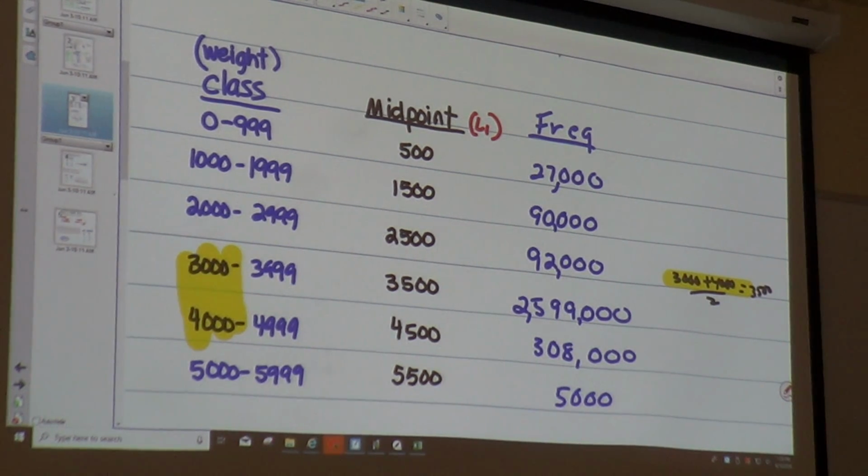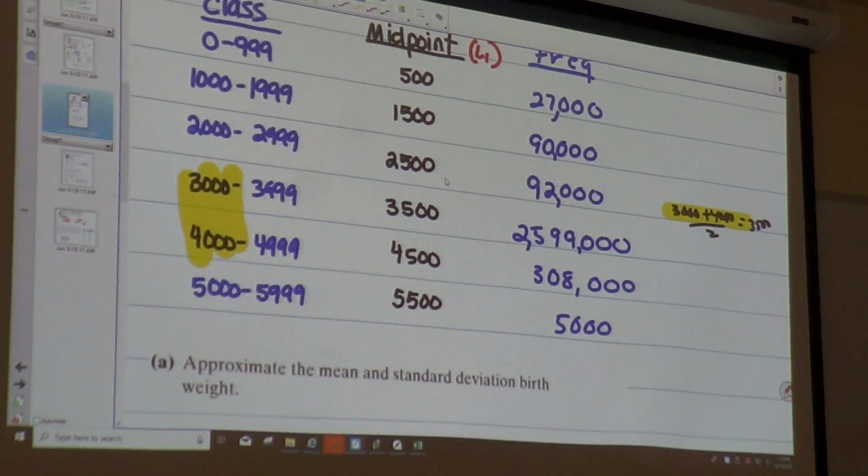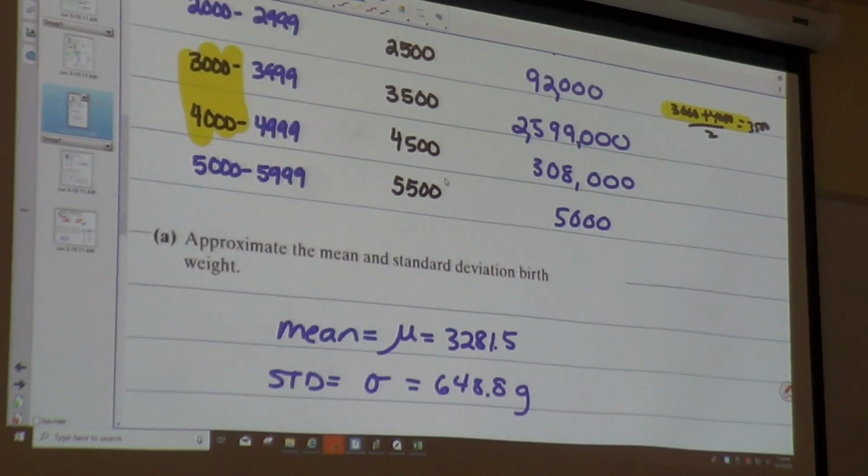This is going to be my L1. This is going to be my L2. I type them in. They want the mean and the standard deviation. This time they were doing population. So we looked at the X bar, but we called it mu because it was the population. And then we looked at sigma X, but we did everything exactly the same.